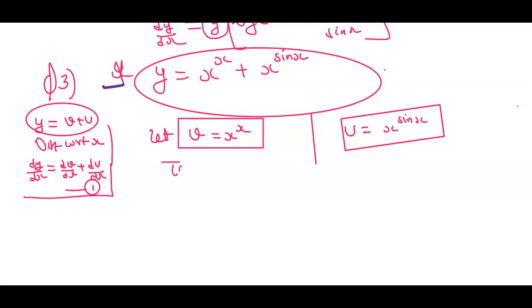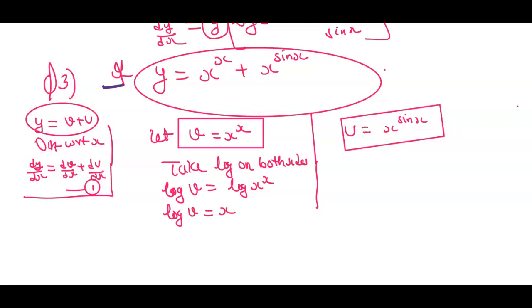So take log on both sides. It is log v equals log x to the power x, so log v is x log x. By using the formula, no need to tell you, 1 by v times the derivative of v with respect to x is dv by dx.